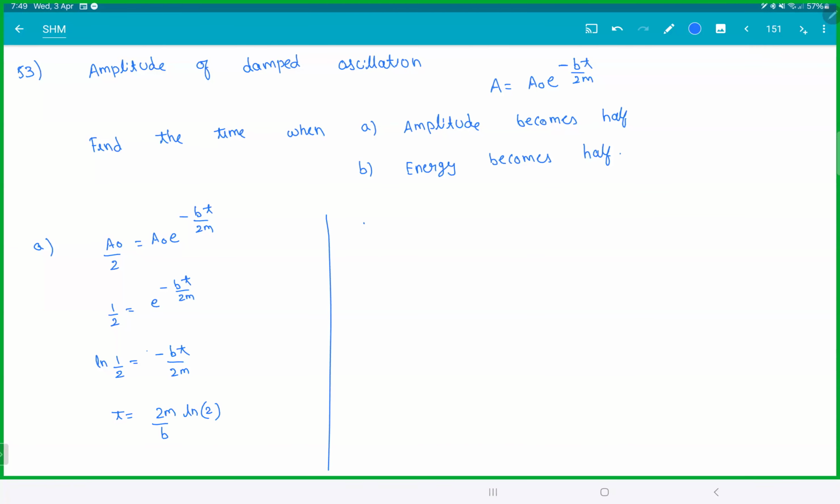What about energy? Remember, total energy is half m omega square a square. So energy is proportional to a square. So if energy becomes half, amplitude becomes a by root 2.